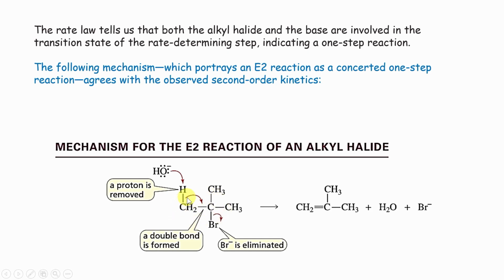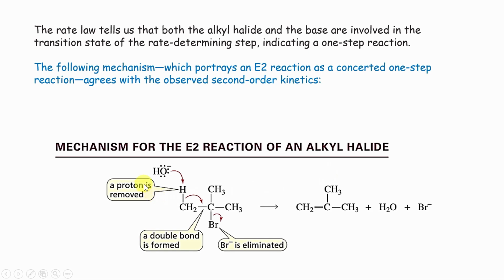At the same time, a double bond is formed between these two carbon atoms, where one carbon atom is attached to the leaving group bromine, and the other carbon has the proton that is abstracted by the base. Thereby a double bond is formed between these two carbon atoms, and this alkene, 2-methylpropene, is formed in this reaction.